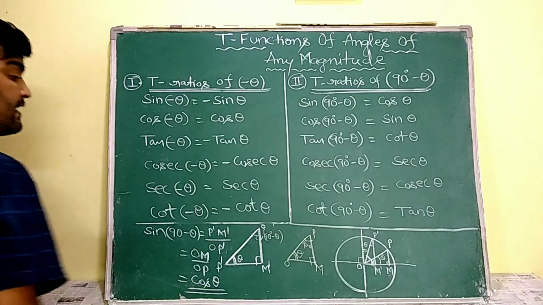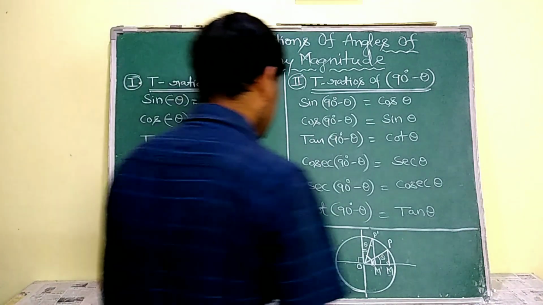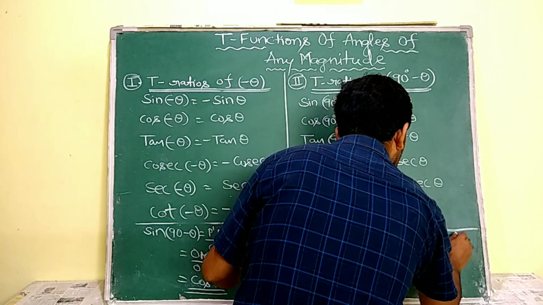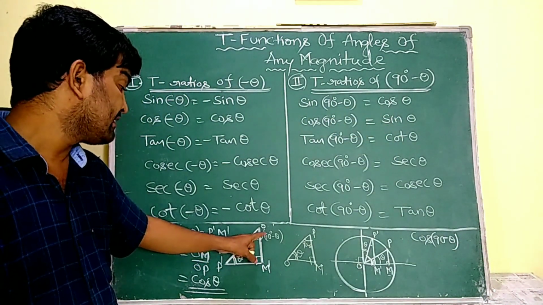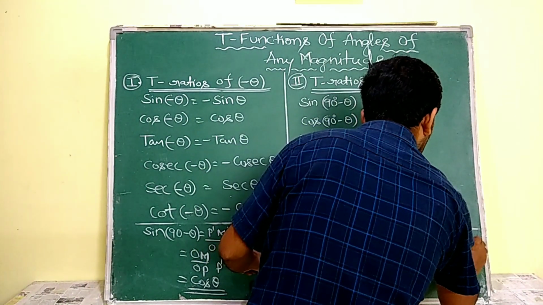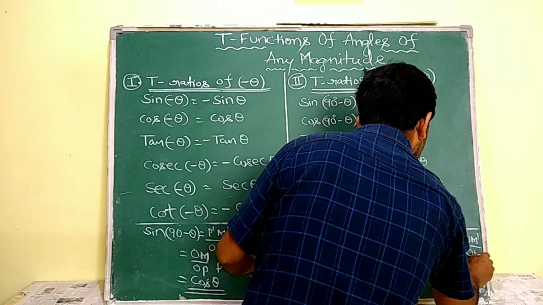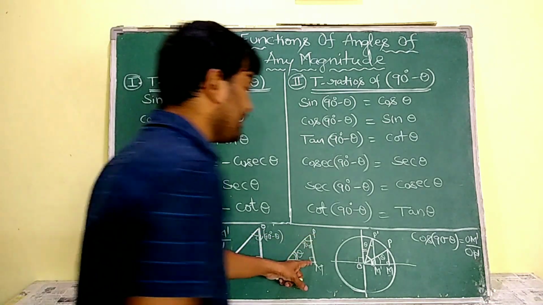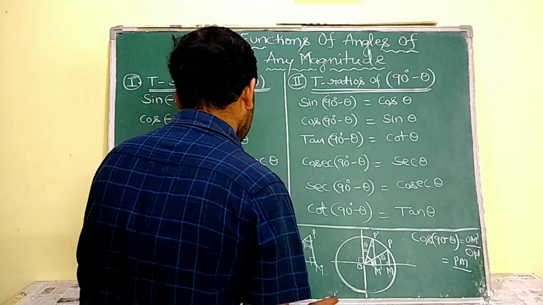Similarly, if I write cos of 90 minus theta from this triangle, tell me: cos of 90 minus theta means the adjacent side of this 90 minus theta is OM dash, by the hypotenuse OP dash. OM dash is nothing but PM. So PM by OP.